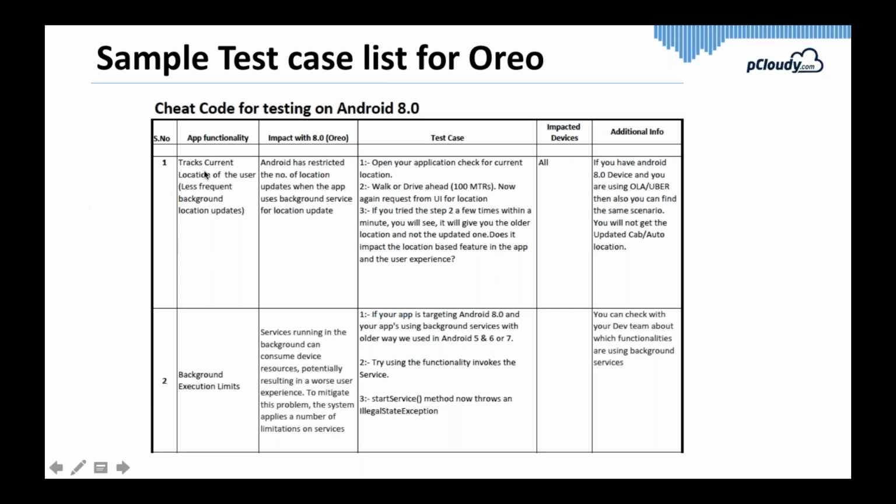If you look at the app column, it says if your app has a certain functionality, then you should focus on this test case. For example, the first test case says if your application uses the current location of the user, then the 8.0 change has an impact for you, because Android has restricted the number of location updates when an app uses a background service.